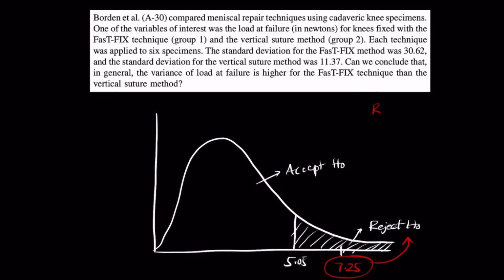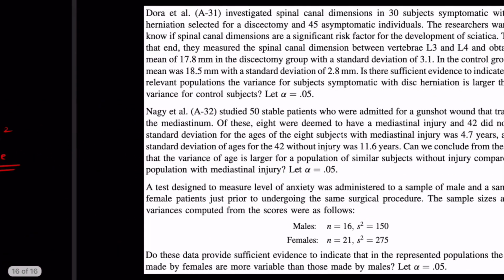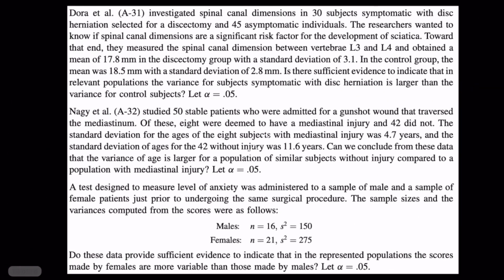So we can reject H0 and say that the alternative hypothesis, sigma 1 square is greater than sigma 2 square, is true. We can conclude that the variance of the failure is higher for the FasT-Fix technique than for the vertical suture method. This is how you can solve these problems. Now I've given you a couple more problems of the same method, so pause the video right here and try to solve them.